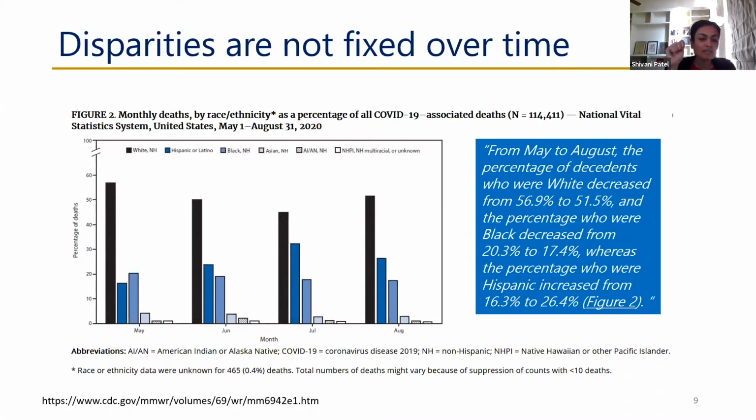The hypothesis is that white Americans were in a better position to socially distance and adhere to precautions to avoid infection, whereas it was much more difficult for some racial and ethnic minority groups, especially those engaged in essential occupations, to socially distance. That might be one of the reasons that we see this pattern.